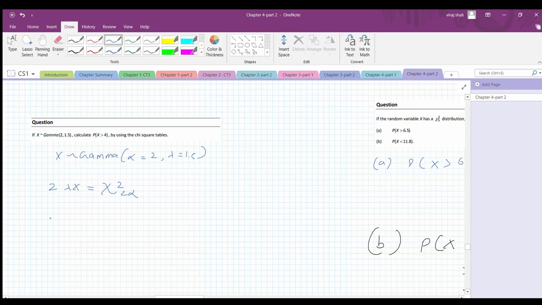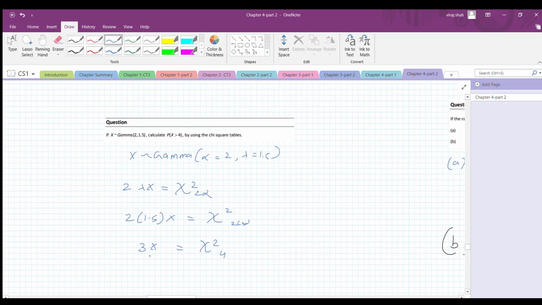So what is lambda? Lambda is 1.5. What is alpha? Alpha is 2. So basically 3x is equal to chi square with 4 degrees of freedom.